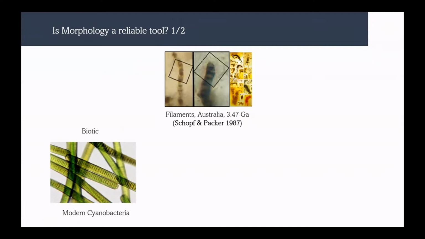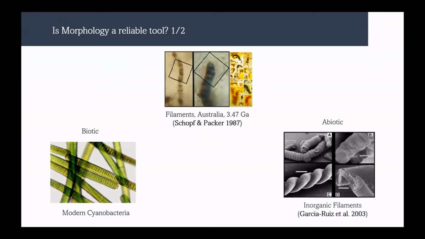But on the other hand, we can produce similar filaments by using purely inorganic processes. And so based only on morphology, it is difficult to distinguish between surface features, or in general morphology, that result from life or non-life.